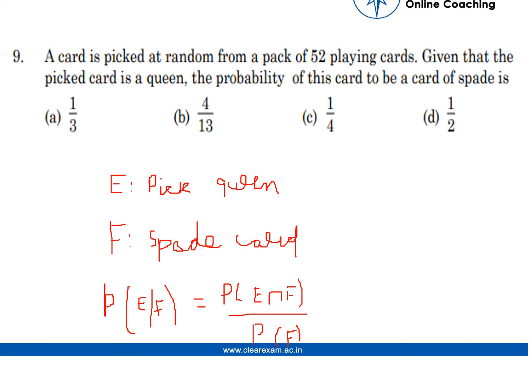So let me just tell you what intersection is. Here is one whole event which we can name as S, and in this there are two circles.